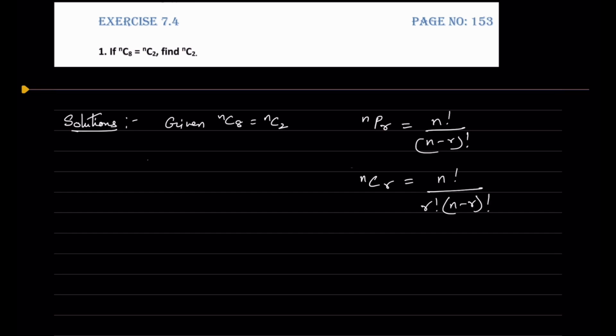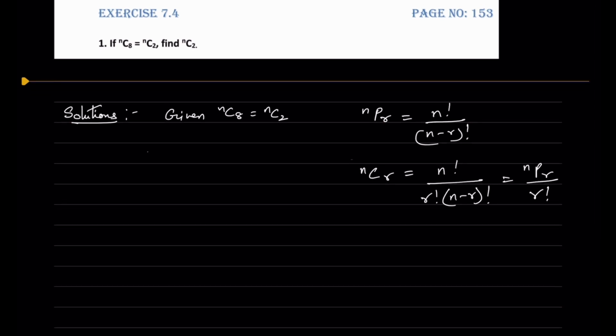The basic difference between nPr and nCr is that in the denominator we have an r factorial. So we can write nCr is equal to nPr divided by r factorial.